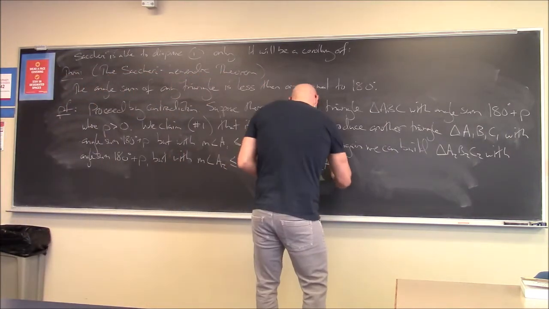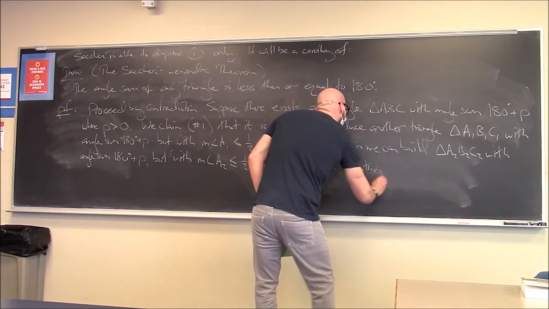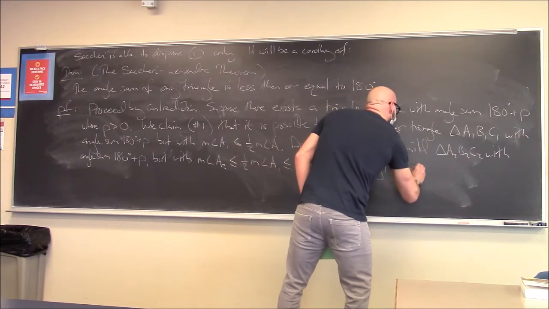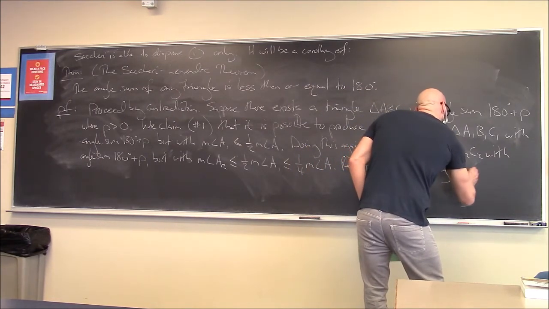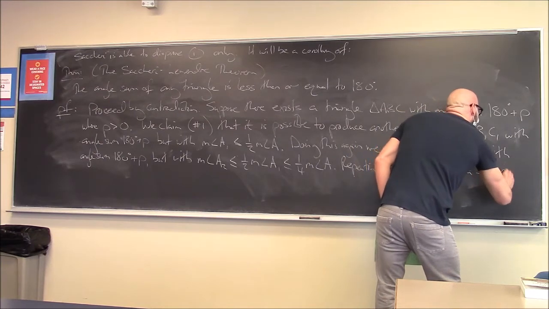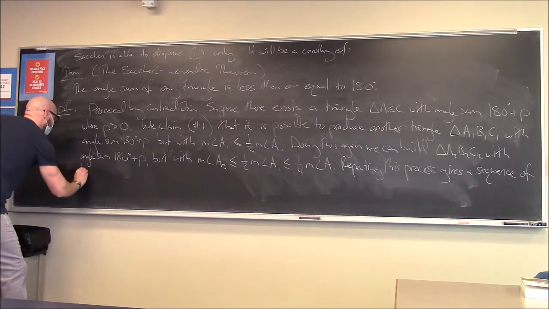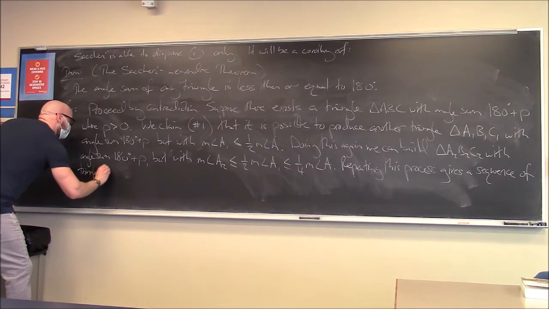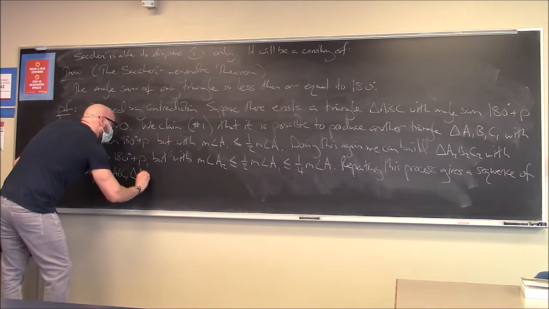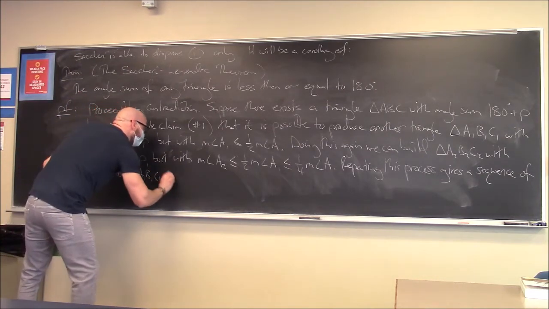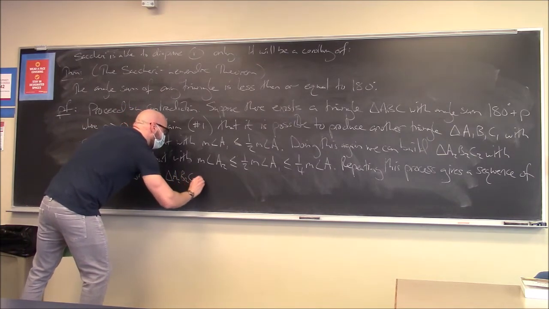So repeating this process gives a sequence of triangles. Let's see, triangle ABC, triangle A1, B1, C1, triangle A2, B2, C2, and so on.